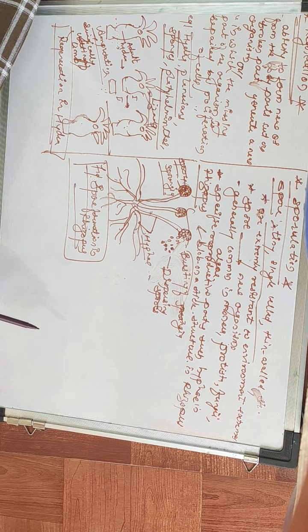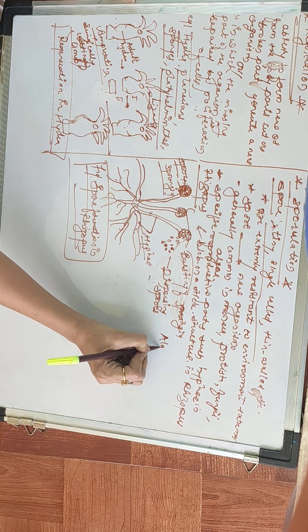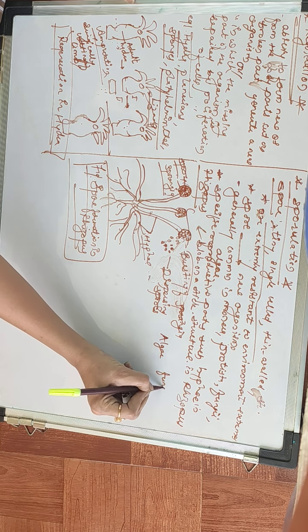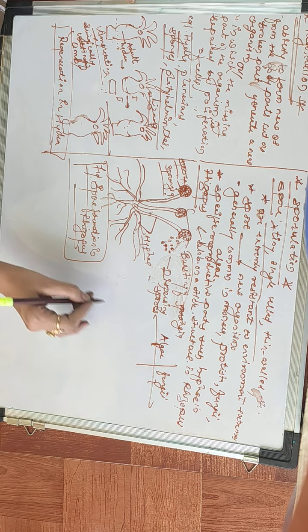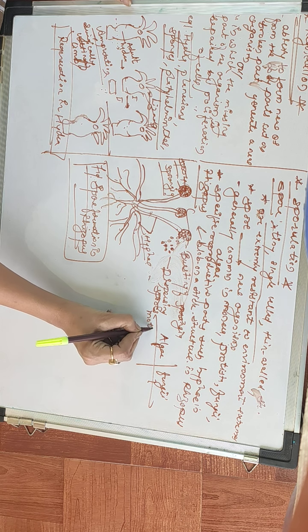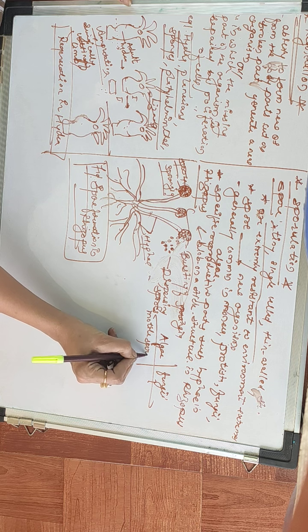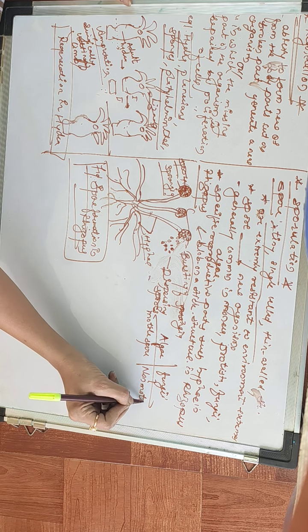Now, different types of motile and non-motile spores are produced by algae and fungi. Different types of spores are produced by algae and fungi. The algae produce motile spores and fungi produce non-motile spores.